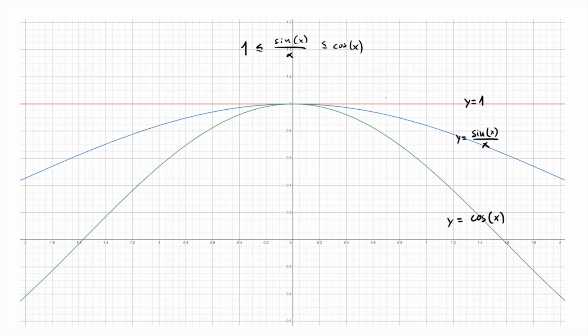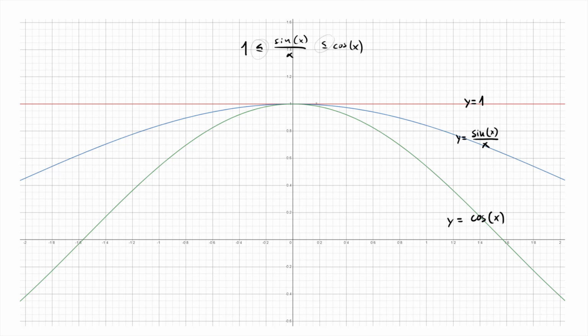So we mathematically write this using the less than or equal to or the greater than or equal to signs. And we sandwich it in between those two functions, y equals 1 and y equals cosine x. We find those limits, and then we're able to get the limit for sine x over x.